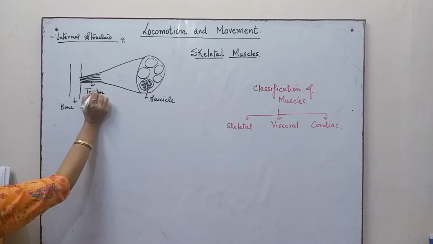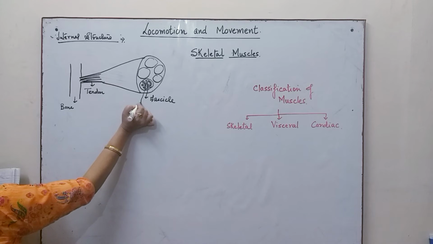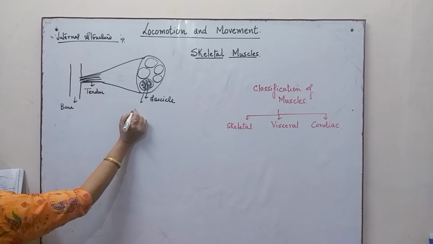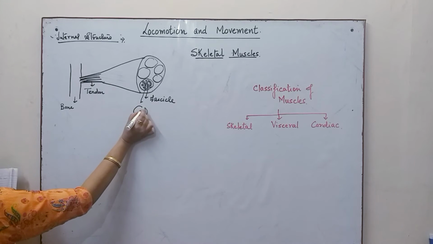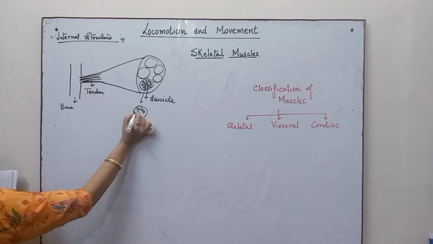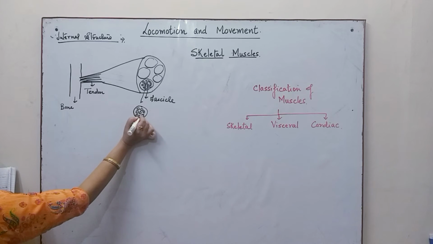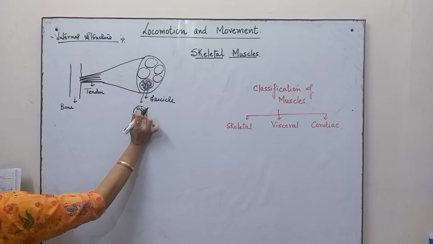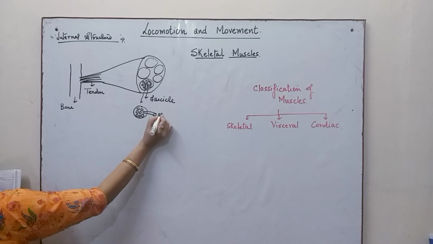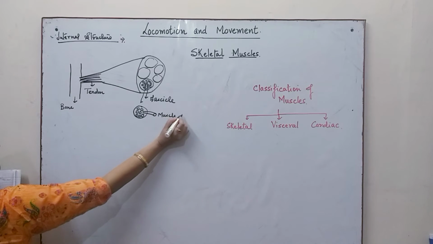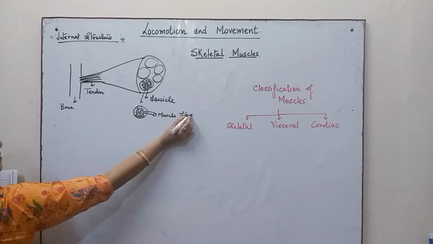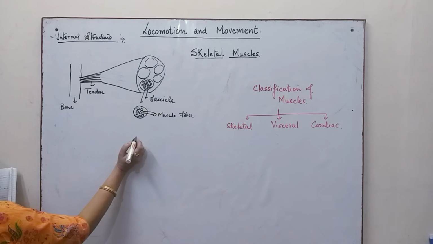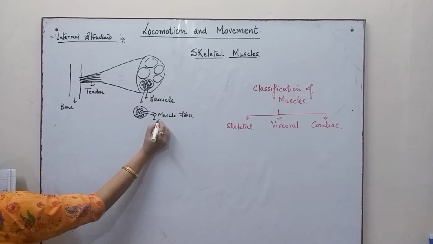This is the tendon, and when we just take this out to study better, this is muscle fiber. And this is sarcolemma.